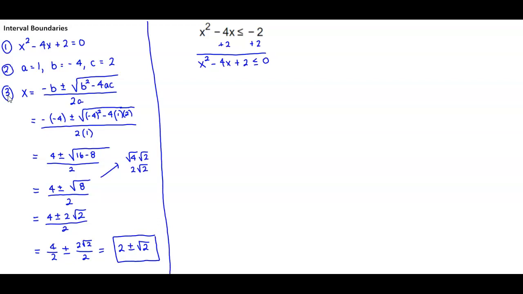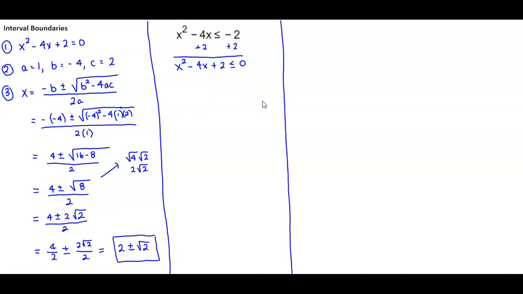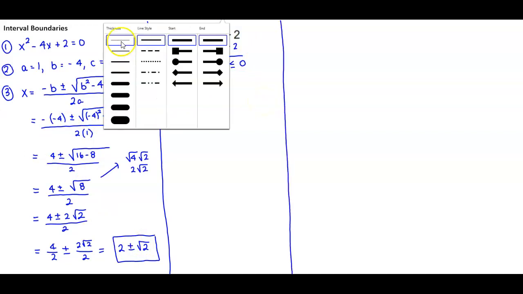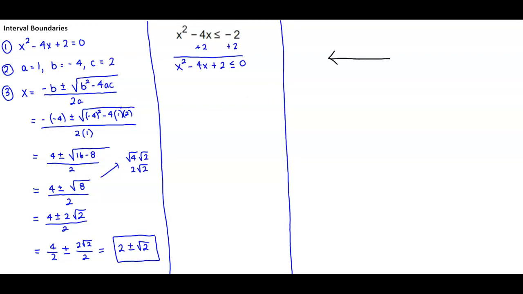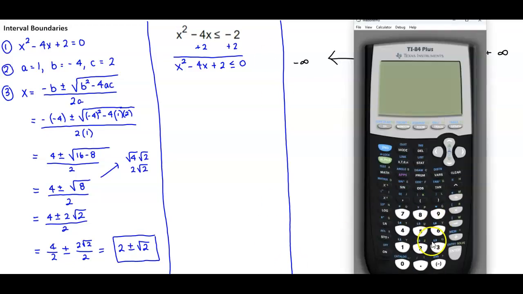Okay, so now we're going to go ahead and draw and find out what our number line looks like with our interval boundaries. So here is our number line going from -infinity to +infinity. Okay, and so we have 2 minus the square root of 2. So let's go ahead and find out what that number is. So if we take 2, subtract the square root of 2, well, that gives us about 0.6.